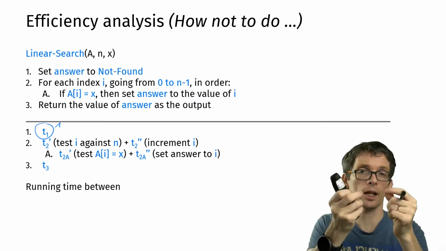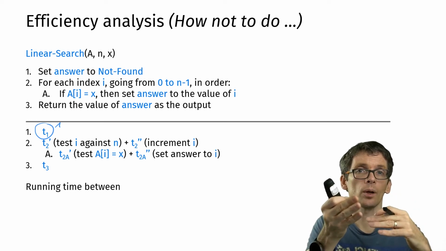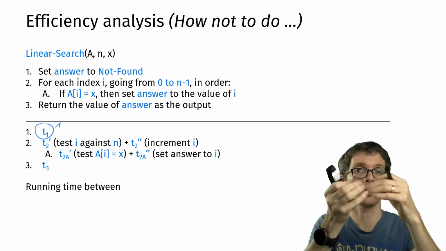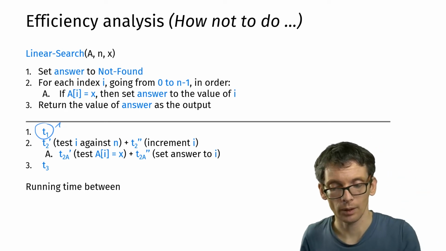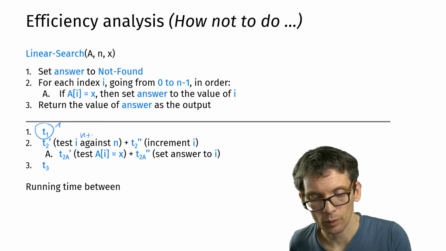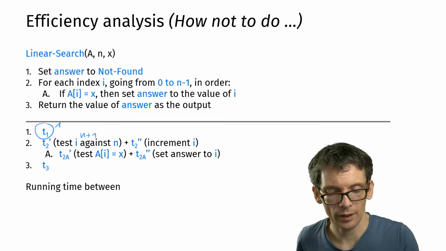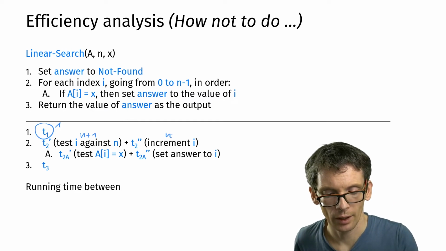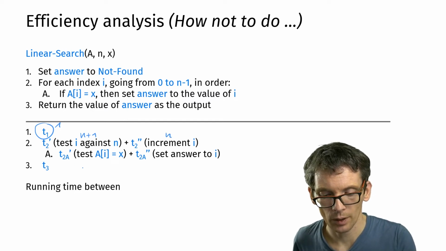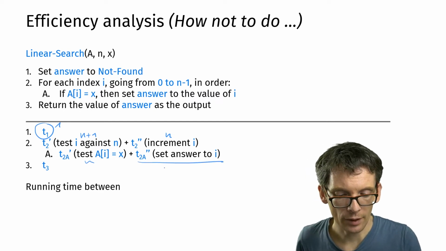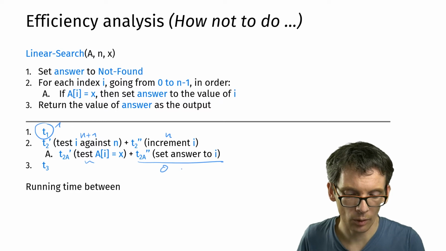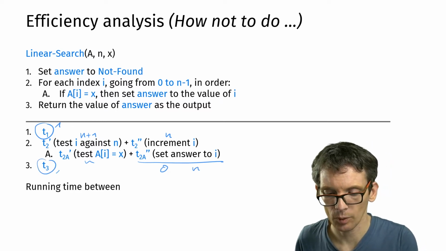When the value is n minus 1, I'm executing the loop, then I increment i, and at that point I notice that I'm beyond n minus 1. This is n plus 1 times, but you can also simply think of it as n times. That is just as fine. This we're going to have n times, this n times. Setting the answer will be between 0 and n times, and this will be once.